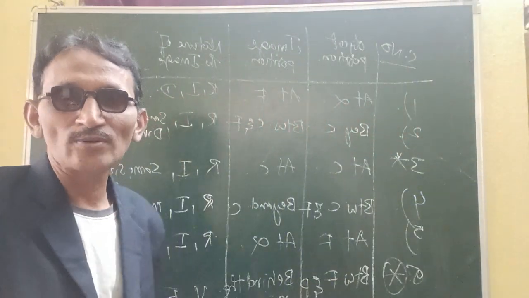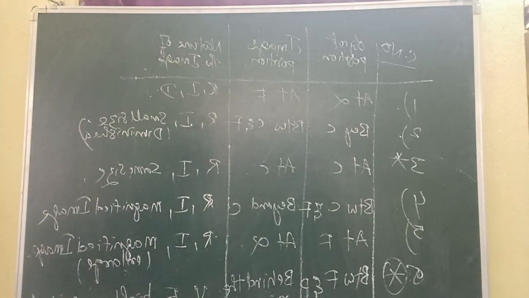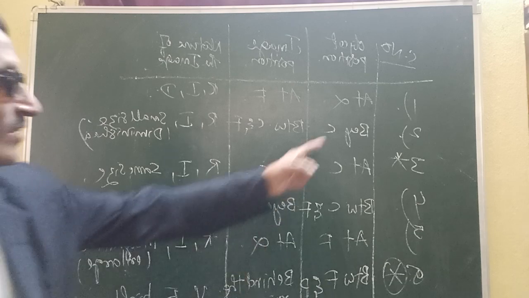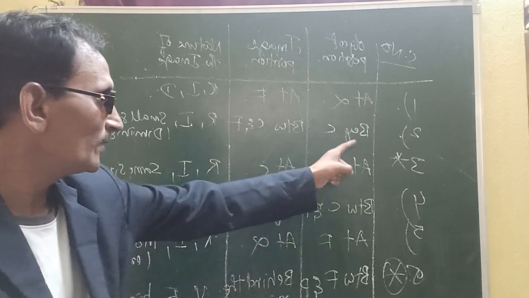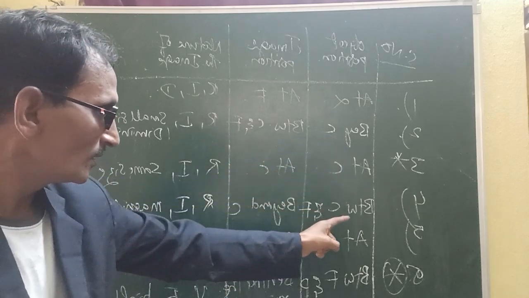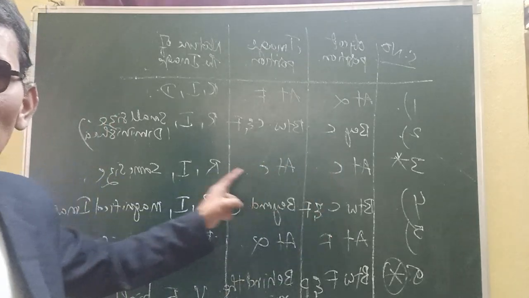So this is how we have to prepare the table. All of you prepare the table so that you can easily remember it perfectly. If you are perfect, you can draw any diagrams. Diagrams are very easy and you can remember for a long time. At infinity, at focus, at infinity. Beyond, between, beyond. At C same size.